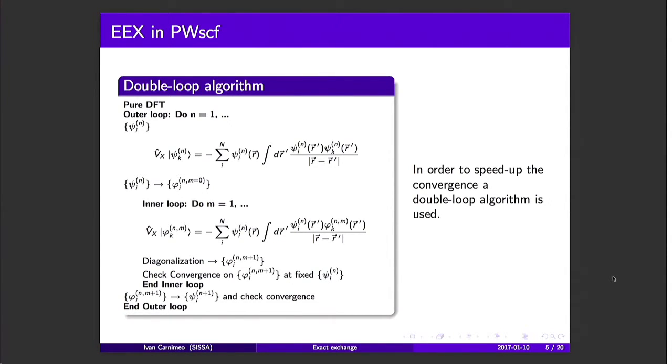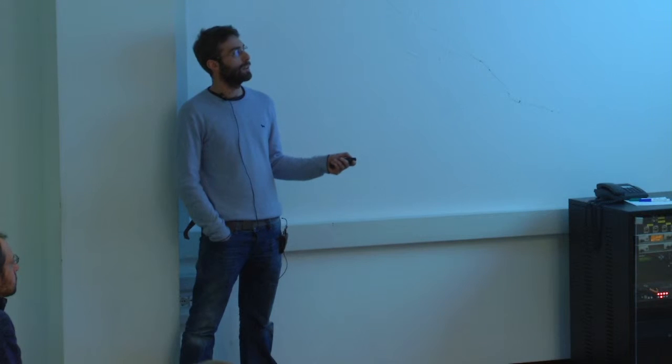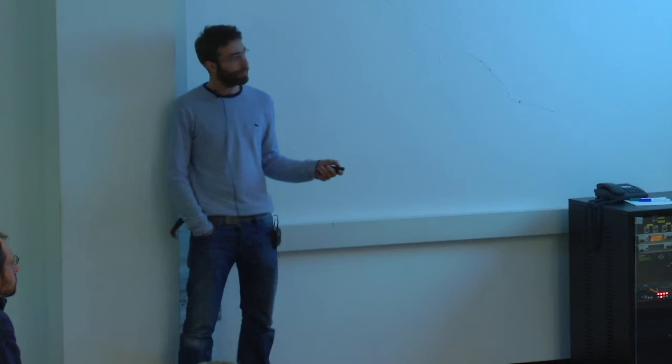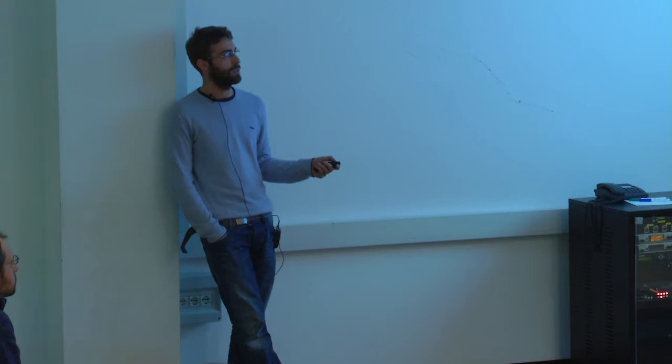And then we start with the inner loop, in which we optimize one set of orbitals by keeping the density matrix frozen. So basically, we keep the psi functions from the previous outer iteration frozen, and then we optimize the phi functions. Then once we are at convergence on the phi functions, we check convergence.